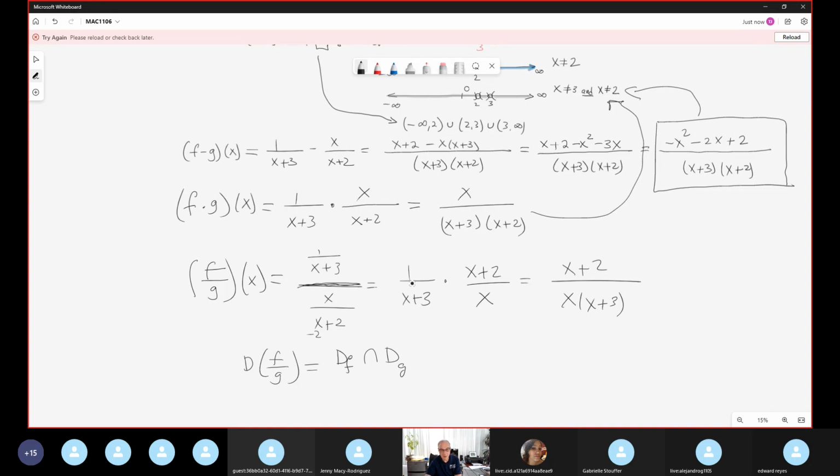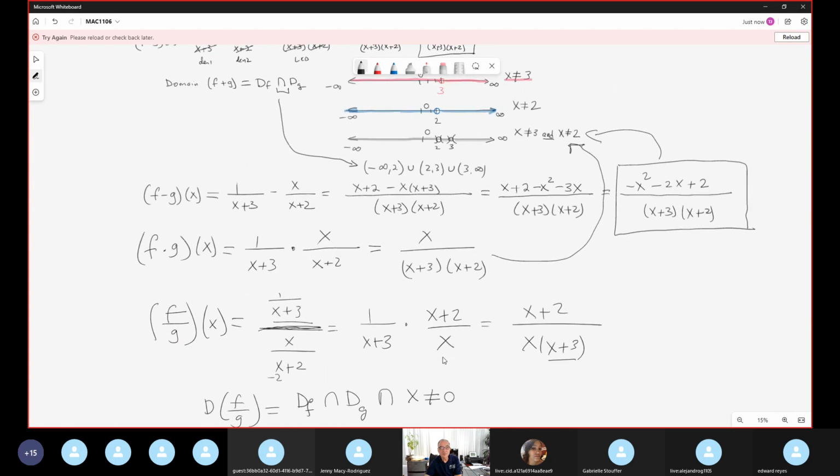Now, the extra is when g is 0. They are coincident, perfect, this and this. However, you need to consider the intersection with x not equal to 0. So basically, it's the same domain, but you incorporate a new restriction, let's say.